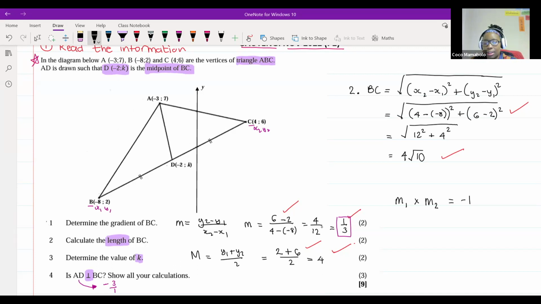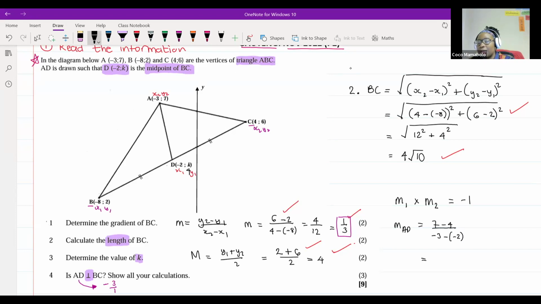So I know that this value over here is -2 and 4. Okay, I'm going to calculate the gradient of AD. The gradient of AD is equal to, again, y2 minus y1. I'm going to name this x2, y2, and x1, y1. Right, y2 minus y1 will be 7 minus 4 over x2, which is -3 minus -2.